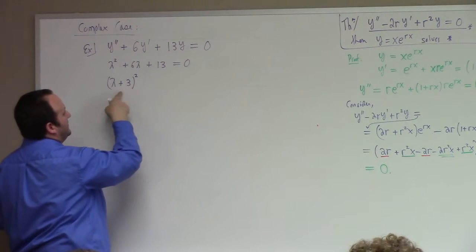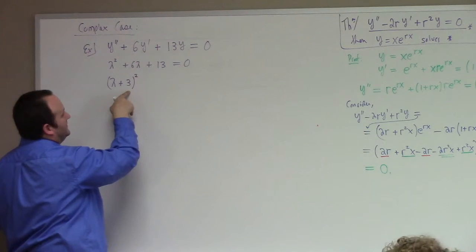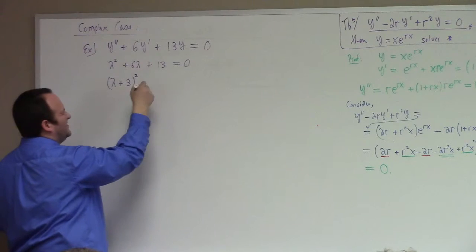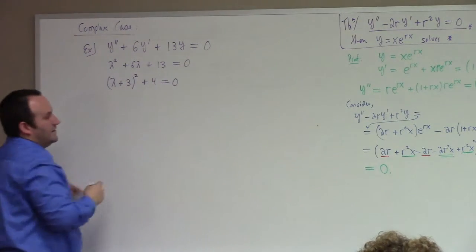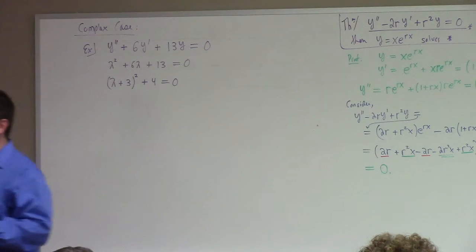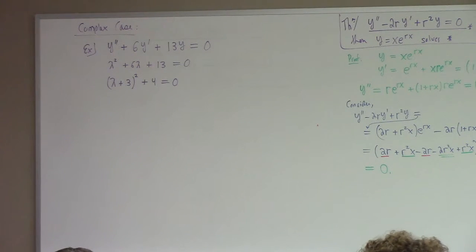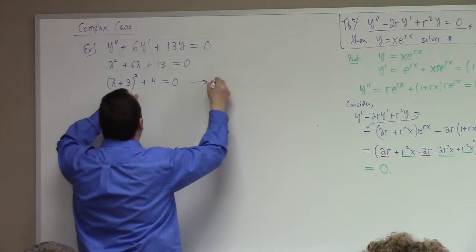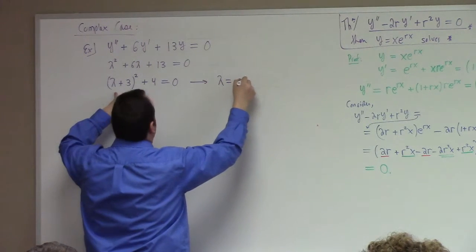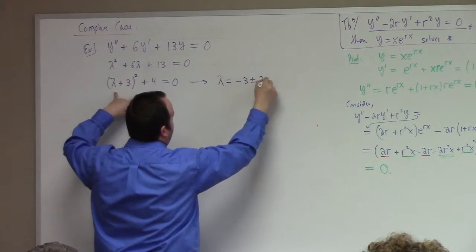So completing the square gives me what? What's left? Plus 4. All right. So my point over here was, if you're in this case, once you have this pattern, you can read the root just from this, right? From this I can cipher that I have lambda = -3 ± 2i, actually.